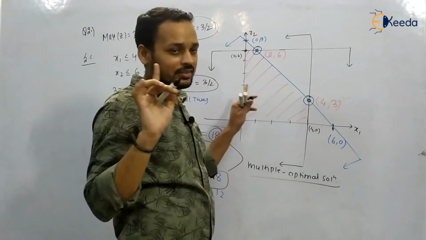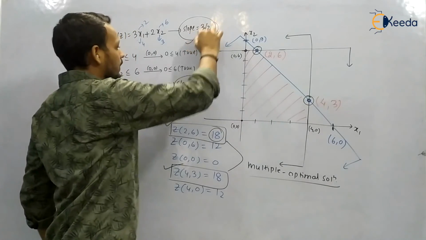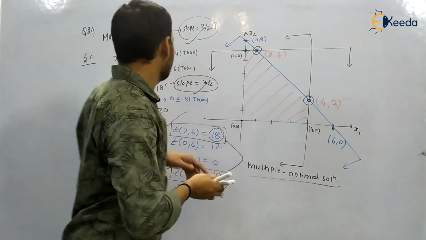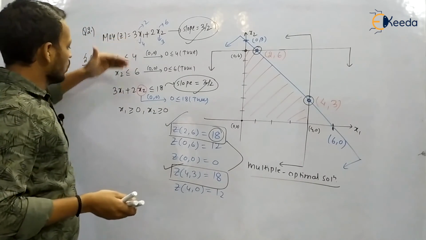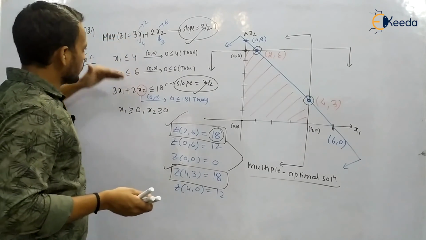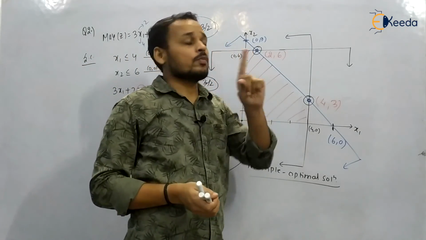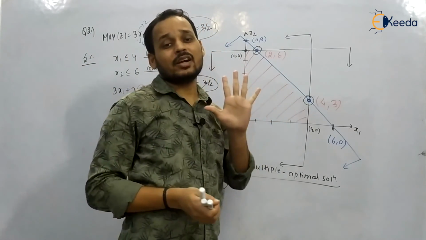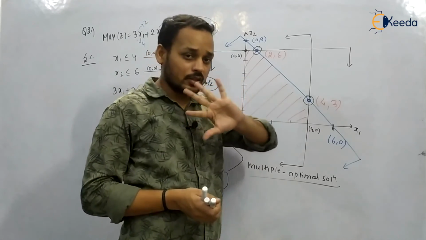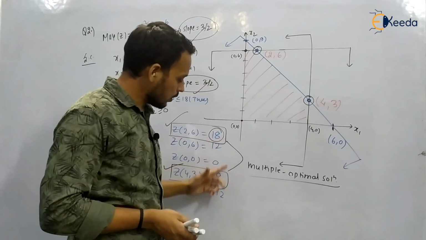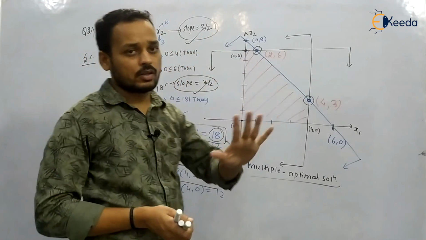But we cannot directly say that if the slope of one constraint equals the slope of the objective function, then there are multiple optimal solutions, because we have to check whether the constraint is redundant or non-redundant. The vice versa can be true: since the solution is multiple optimal, the slopes must be equal.